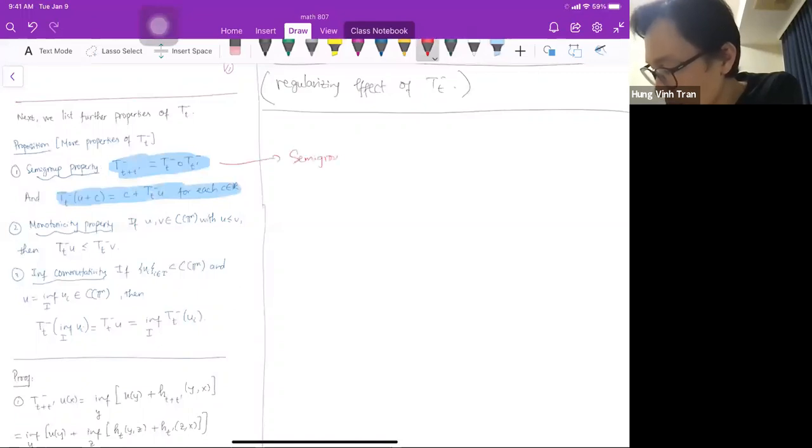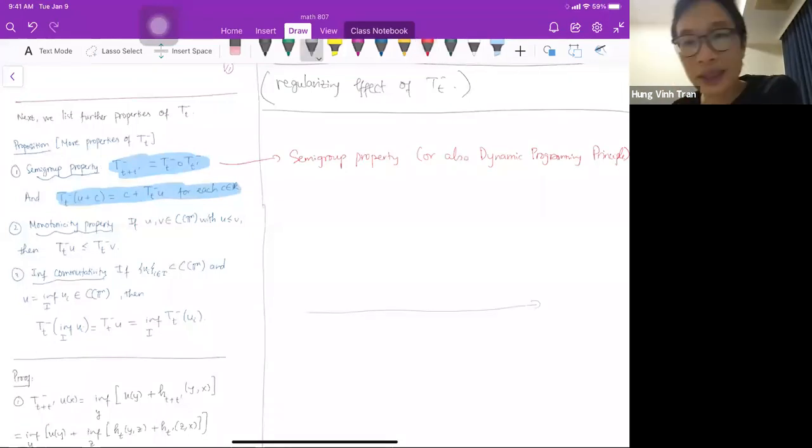Semi-group property, or also it's called dynamic programming principle, I mentioned last time. And again, for any problem in dynamics or in PDE, semigroup property is extremely important.